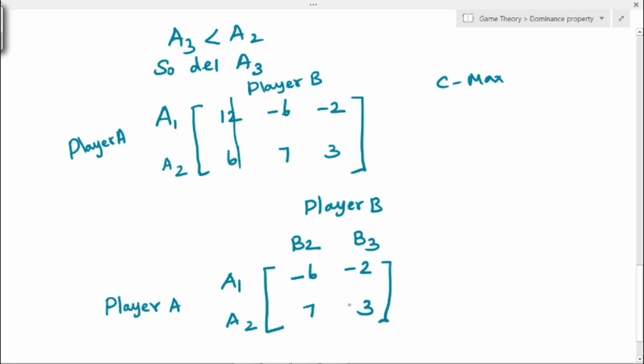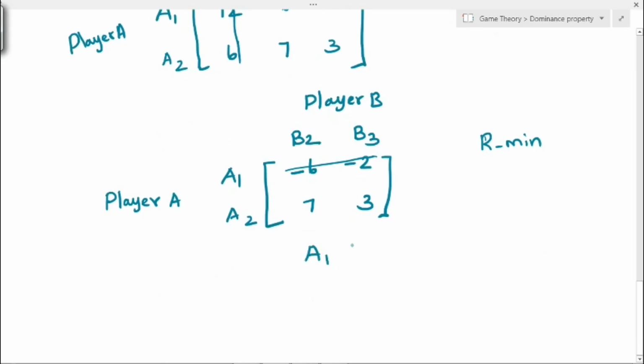The elements in the first row are less than the elements in the second row. So we have to delete the row wise minimum. We have to delete this row, because A1 is lesser than A2. So we have to delete A1.